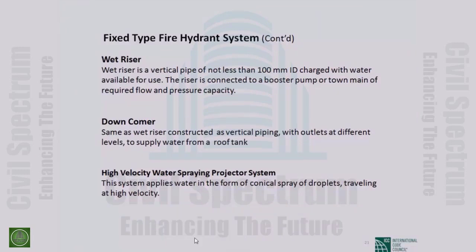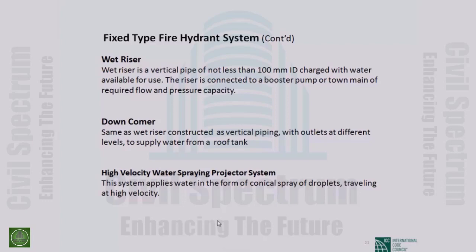Similarly, these are some other designs of a hydrant system. A hydrant system can be a wet riser or it can be a downcomer, and you may have some high velocity projector. Wet riser means you have your pipe which is always filled up with water.